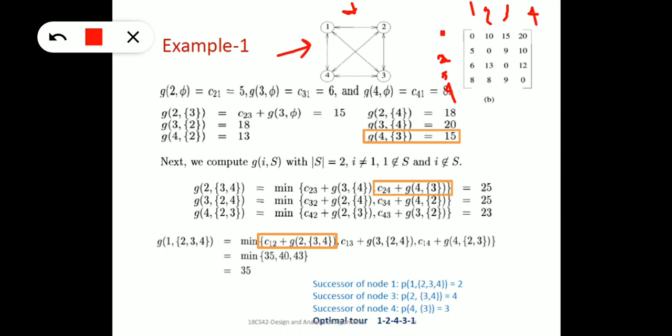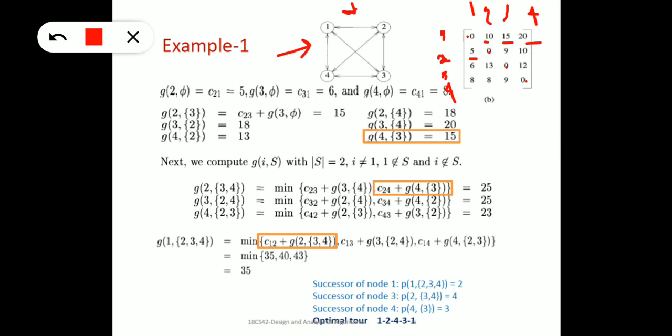So I read it as edge 1 to 2 has a cost 10, edge 1 to 3 has a cost 15, edge 1 to 4 has a cost 20. Similarly, edge 2 to 1 has a cost 5. And as I said, self loops are not permitted, so the values in the diagonal are set to 0. That is, we do not have an edge from 1 to 1, 2 to 2, 3 to 3 and 4 to 4.